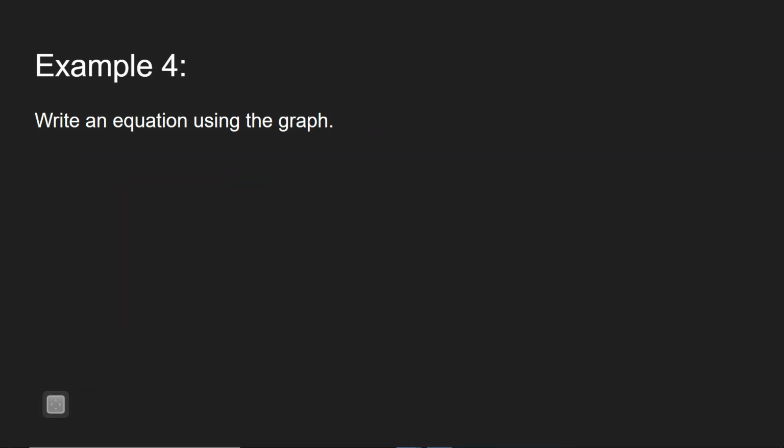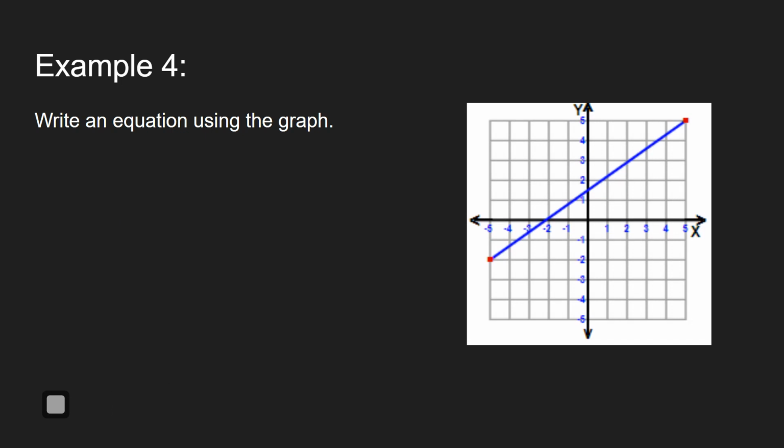It's much easier to write an equation looking at a linear equation from the graph. We are going to pick this red point here. This is negative 5, negative 2. And this point up here, which is 5, 5.